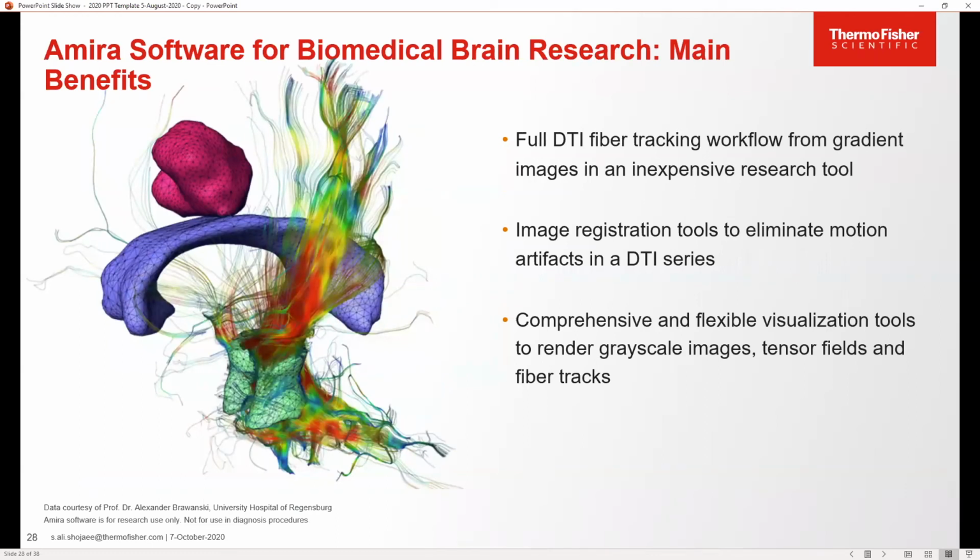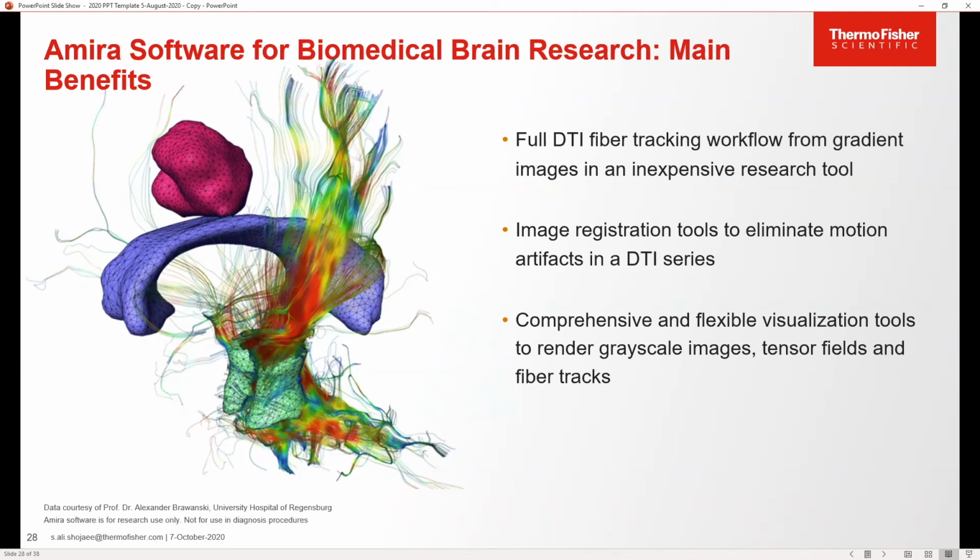Amira also has tools to essentially work with some of the very common file formats that are unique to the field of biomedical brain research, mainly the DTI or diffusion tensor imaging fiber tracking workflow, where essentially you can input the gradient images and it gives you the actual results of the DTI, including the tensors that the software can calculate.